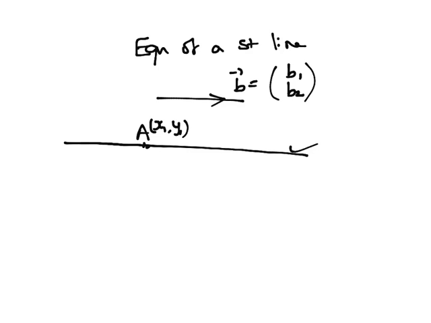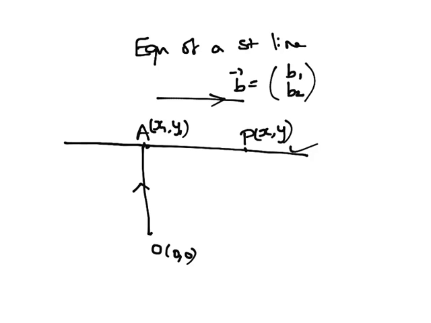I'll take the origin O, which is nothing but 0 comma 0, and I'll join this with A. So this is OA vector. Okay, and I'll take another point P, any point on this line whose coordinates are x and y. So x1, y1 is a specific given point, while x and y can be any point on the line.